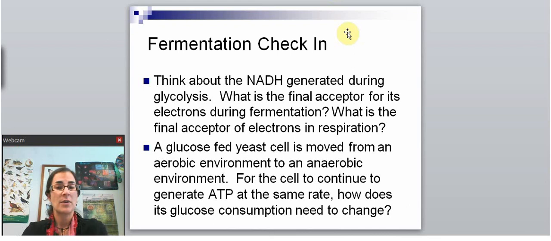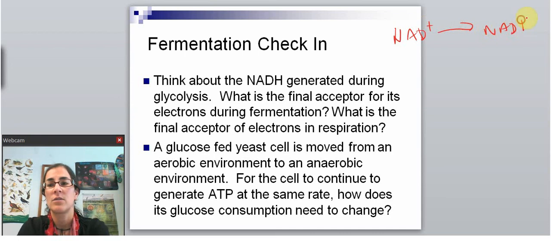So just going to go through some questions about fermentation here. So if you think about the NADH generated during glycolysis, those electrons, remember NAD plus is accepting electrons when it's reduced, so an electron is going in. So the question is, where does that electron end up? In cellular respiration, the electrons end up in oxygen.